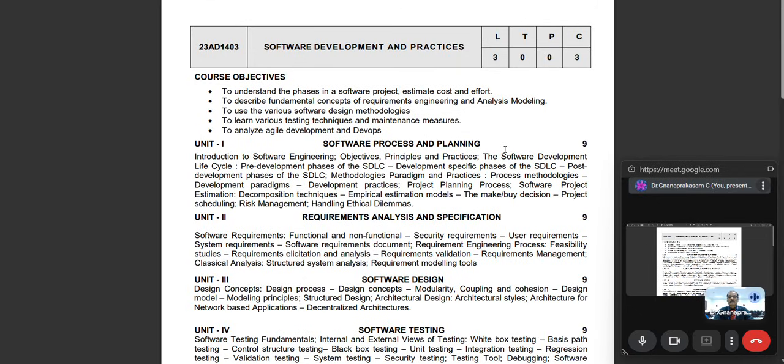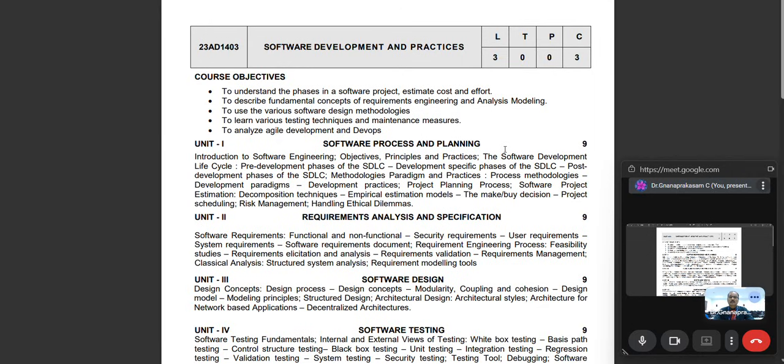Here we understand the problem statement, which is converted into a software project. What essential requirements are needed, how much cost to estimate, and how to implement effectively. This is the basic thing you should have in unit 1.